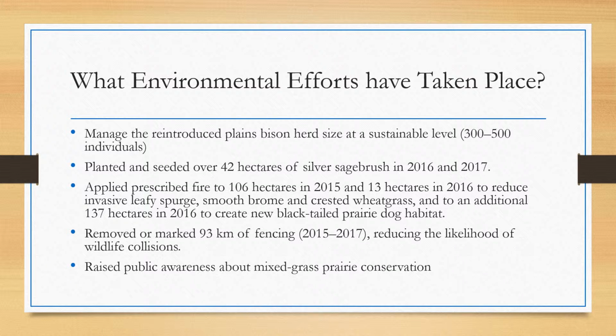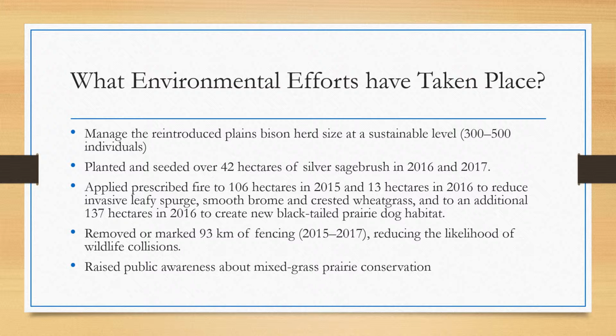So, in Grasslands National Park, there have been multiple efforts to help the species that live there. A few of the efforts include managing a bison herd at a sustainable level of 300 to 500 individuals. Parks Canada has also planted and seeded over 42 hectares of silver sagebrush in 2016-2017.